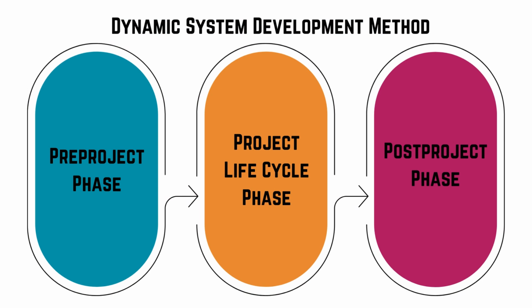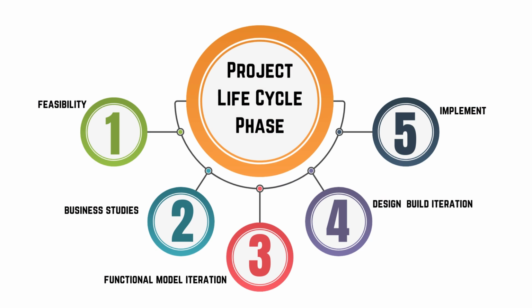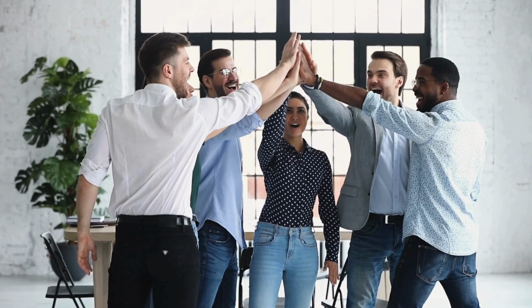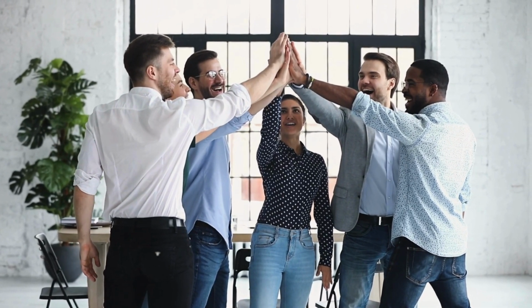The pre-project phase involves the stakeholders and raising support. The project's lifecycle phase involves 5 steps: feasibility, business studies, functional model iteration, design and build iteration, and implementation. During the final phase, labeled post-project, the team ensures the system is functioning properly.